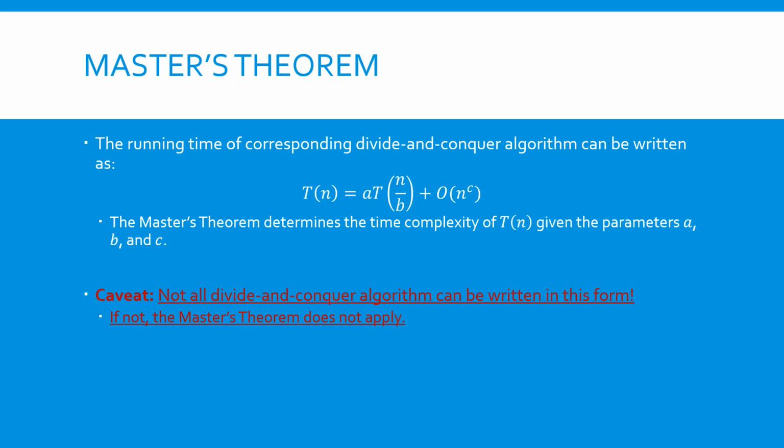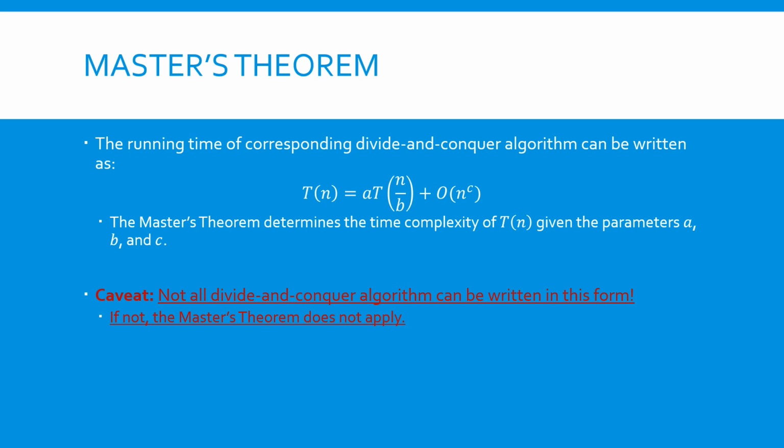Thus, solving it using recursion requires T(n/B) time. Since we have A subproblems in total, the overall time needed for solving all subproblems becomes A times T(n/B). The second term, O(n^C), corresponds to the time spent on the divide and merge steps. Given the parameters A, B, and C, the master theorem can determine the time complexity of the corresponding algorithm.